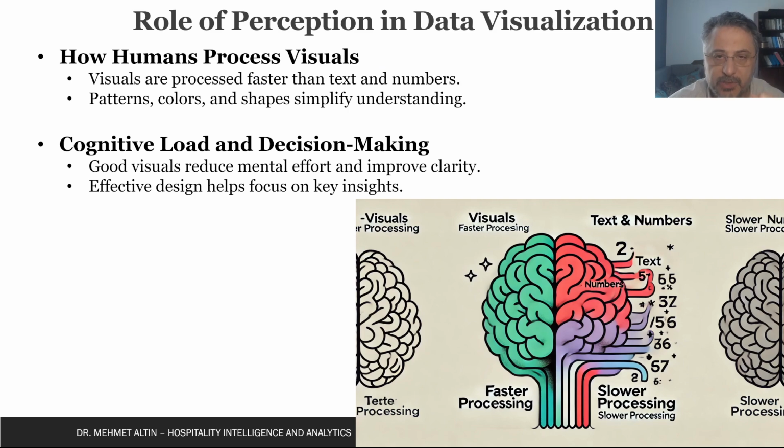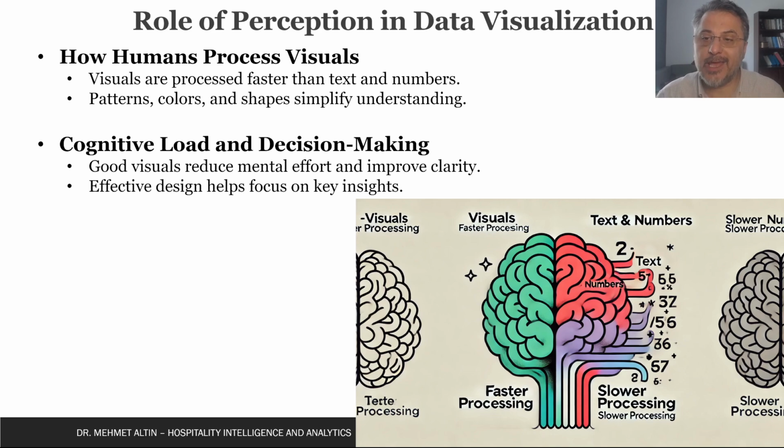Before we talk about principles of visualization, let's look at the role of perception and how humans process data visually. Visuals are incredibly powerful because our brains are wired to process images much faster than text or numbers. When we look at data as visuals, like charts or graphs, our brain quickly identifies patterns, trends, and outliers.